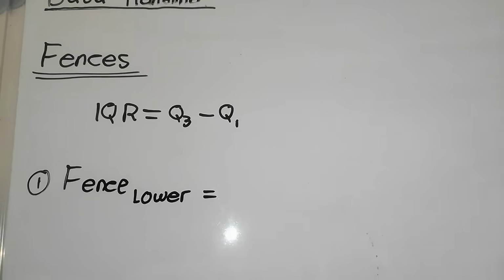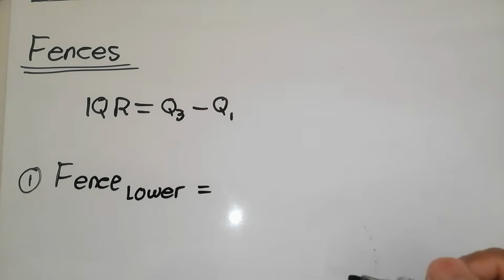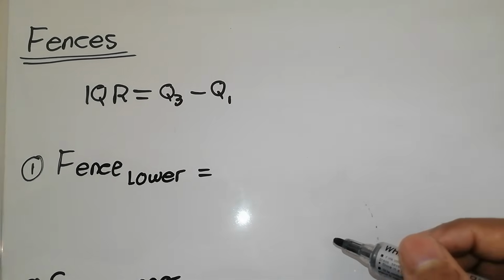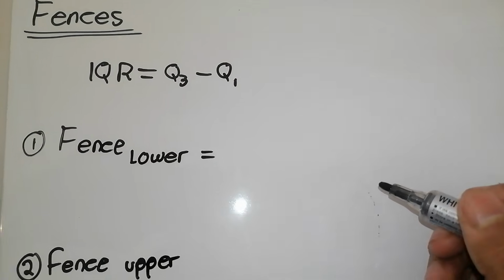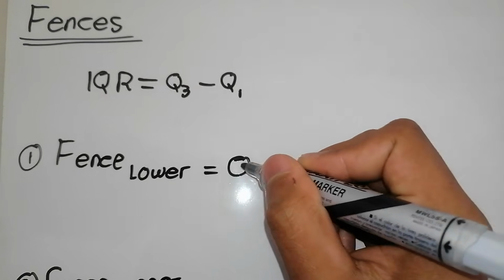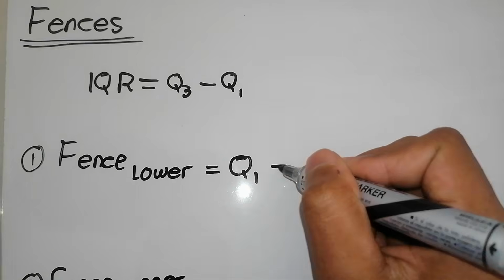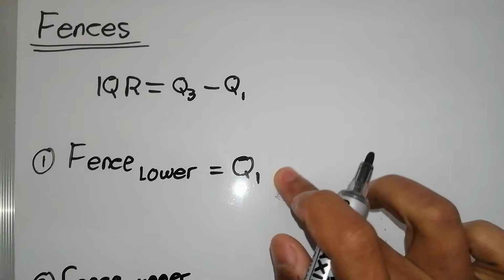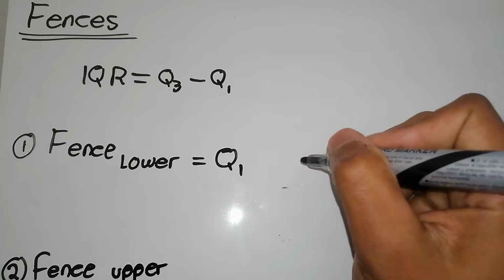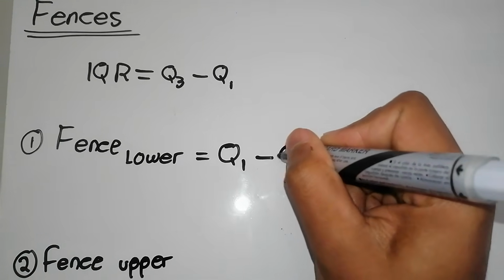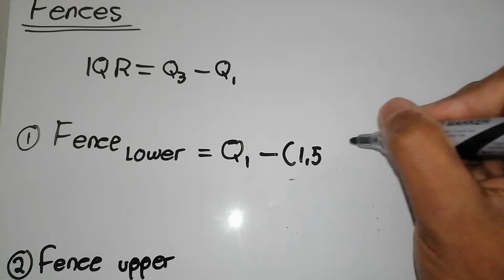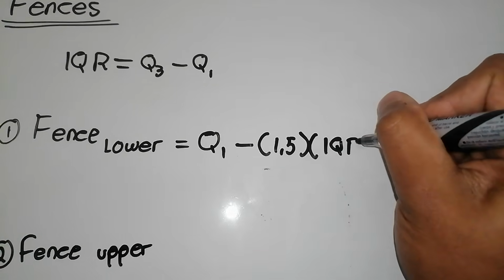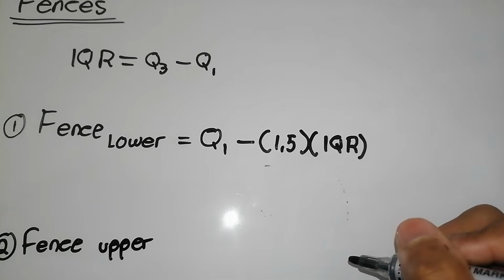Okay, so after finding the value of your interquartile range, for you to determine the lower fence, you're gonna say fence lower equals Q1 minus 1,5 multiplied by the IQR, which is your interquartile range.